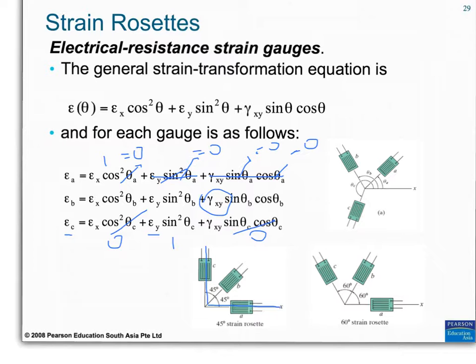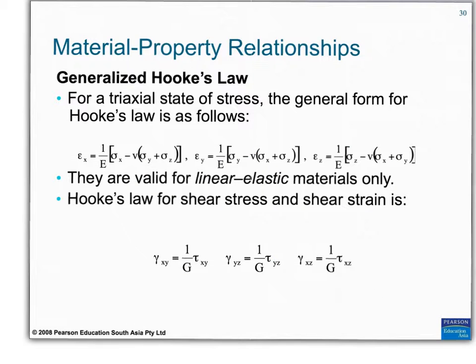Having obtained the strains from our strain gauge measurements, what we really want from this is the stresses. So we need to convert those strains into stresses, and the way that we do that, of course, is via Hooke's law. For a general triaxial state of stress, the general form of Hooke's law looks like this.